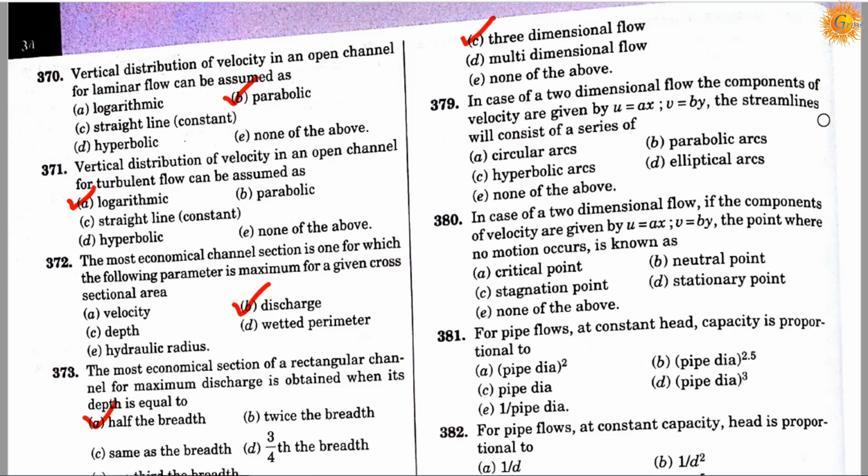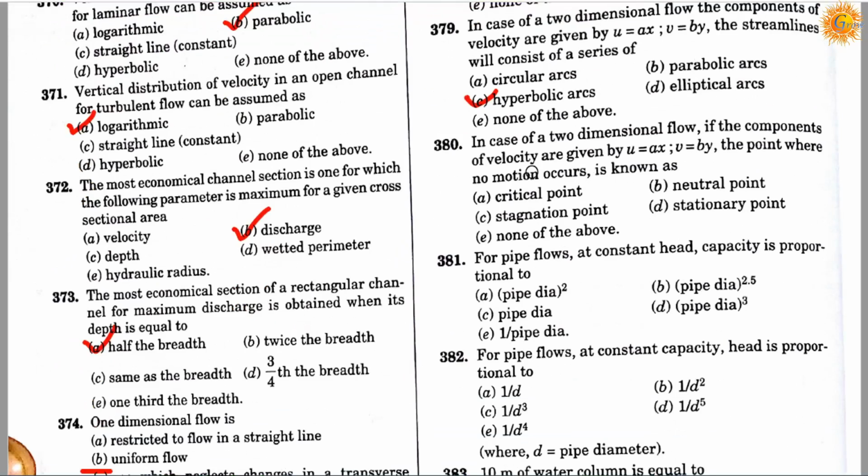The streamline will consist of a series of: option A, circular arcs; option B, parabolic arcs; option C, hyperbolic arcs; option D, elliptical arcs; option E, none of the above. Correct answer is C. It will be hyperbolic arcs.